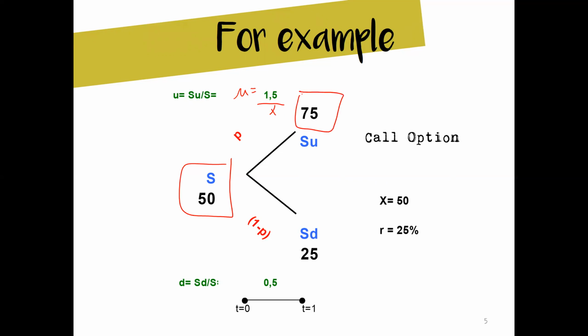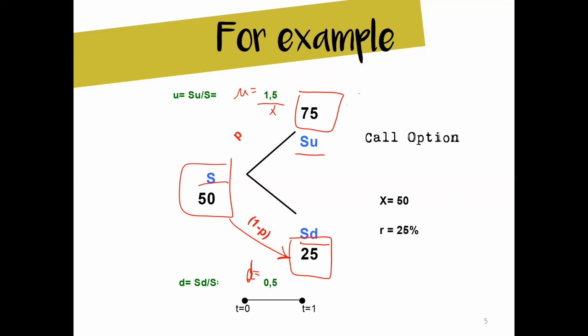Or it could go down. It has volatility. It could go down by D equals 0.5. So 50 times 0.5, half, 25. We call S the present underlying asset price today, and SU and SD the possible price in the next period.